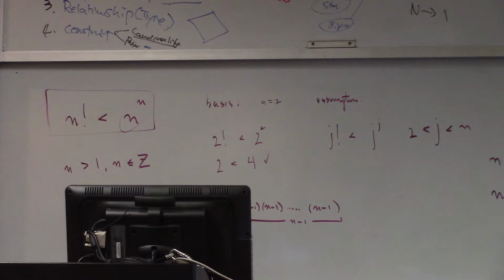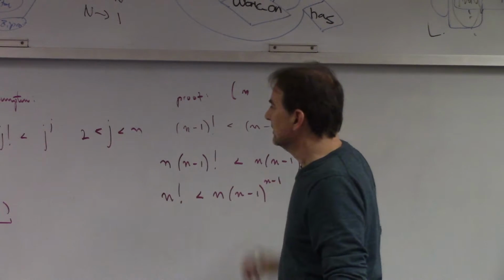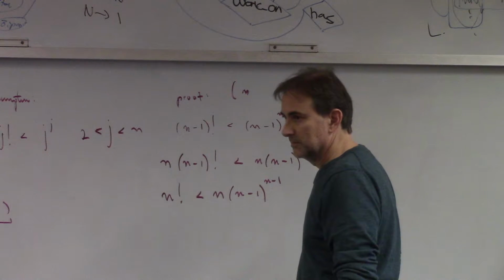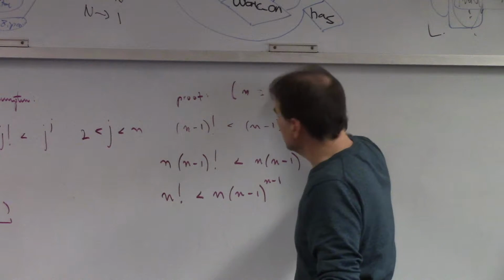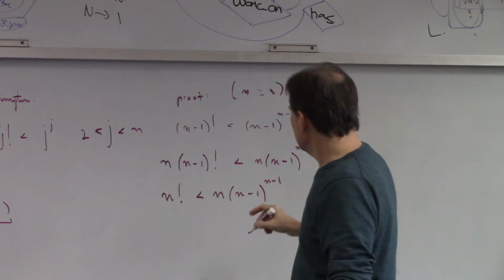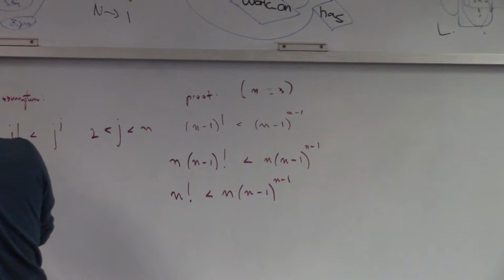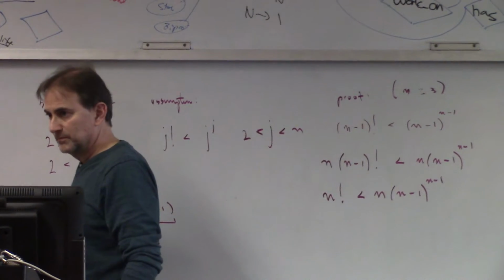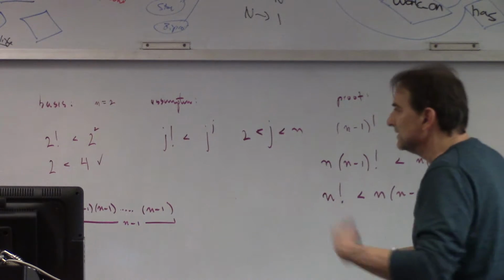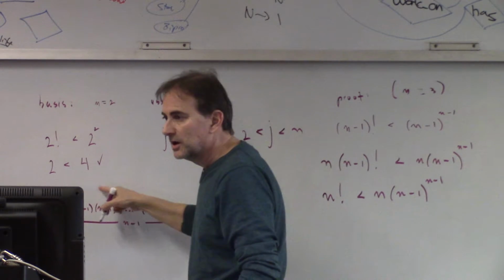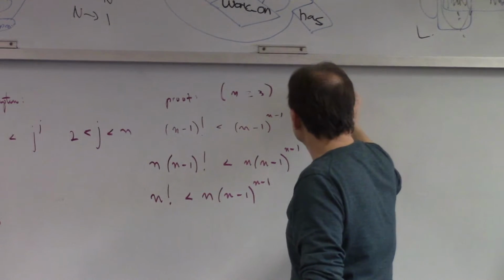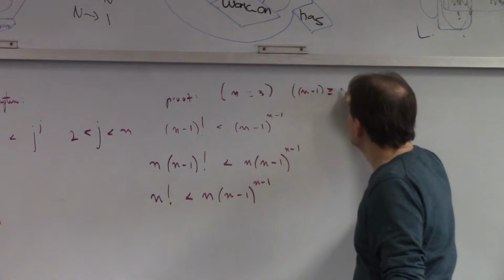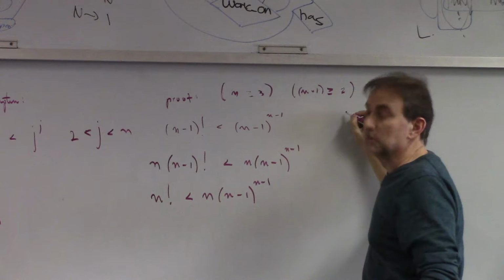I also know the value of n, so here I can put in parentheses n. What's the smallest value that n can be? 3. N is greater than or equal to 3. So this value is at least 3 or higher, positive. But this one is using values which are n minus 1, so n minus 1 is greater than or equal to 2, which is still positive.